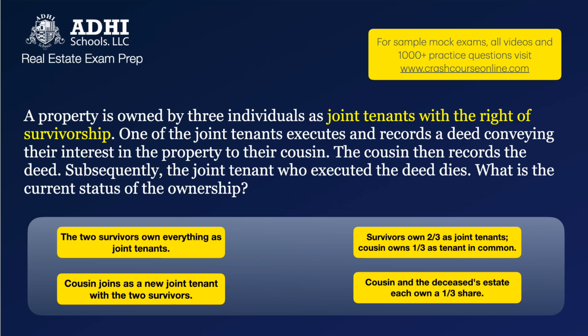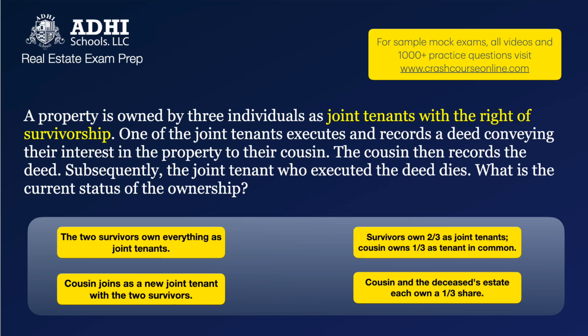Now, this one says the three folks own property as joint tenants. Basically, joint tenancy, as I hope you know already because you're prepping for your exam, is a type of vesting that has something called the right of survivorship in it. The right of survivorship says that if two people own a property together as joint tenants and one of them dies, the dead person's share automatically passes to the surviving joint tenants.